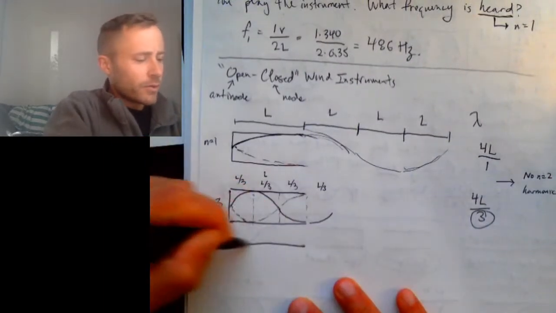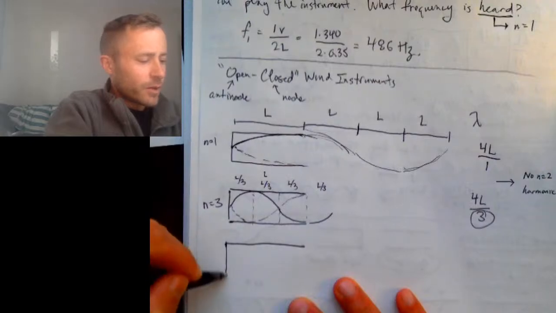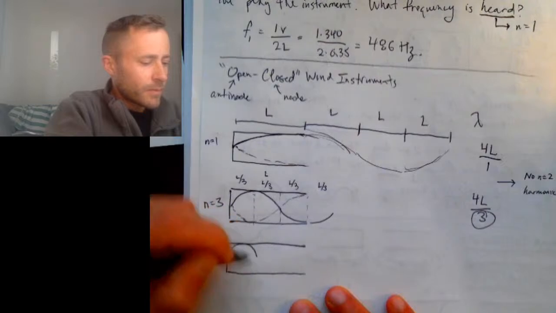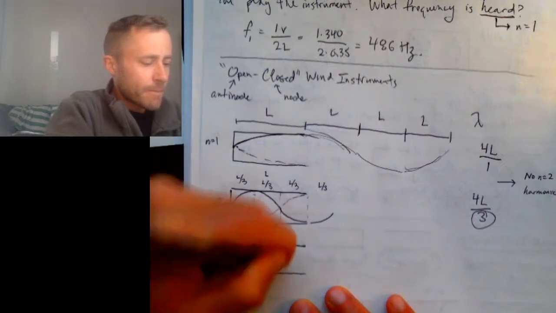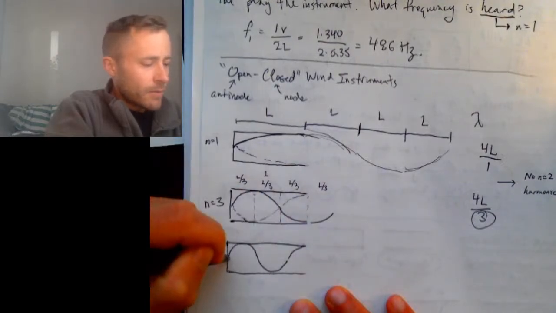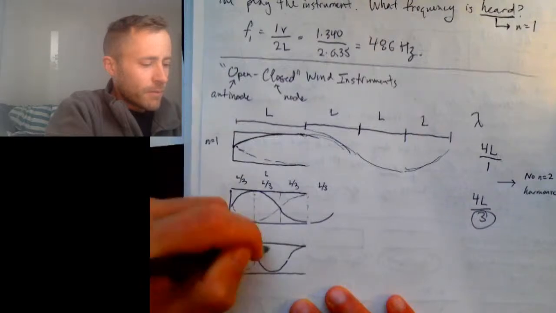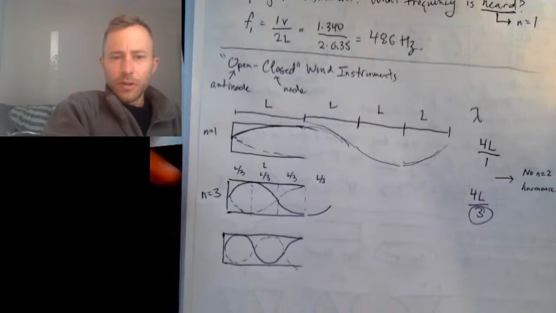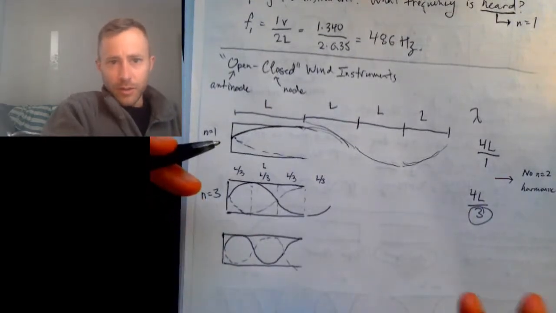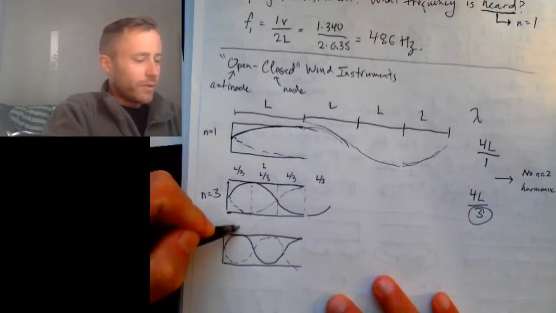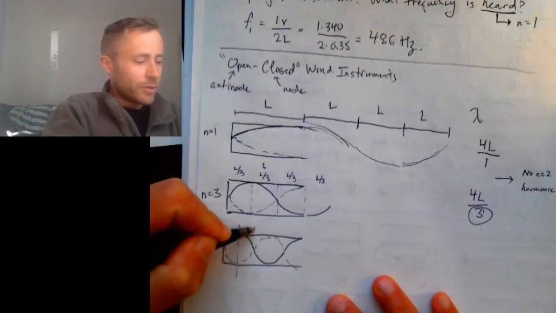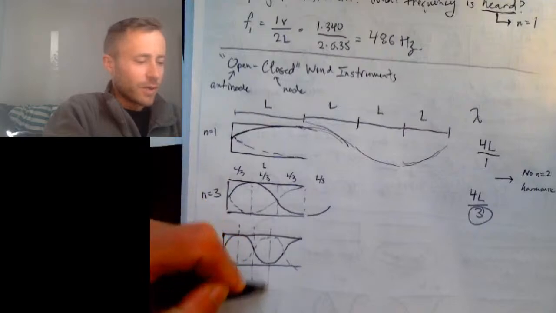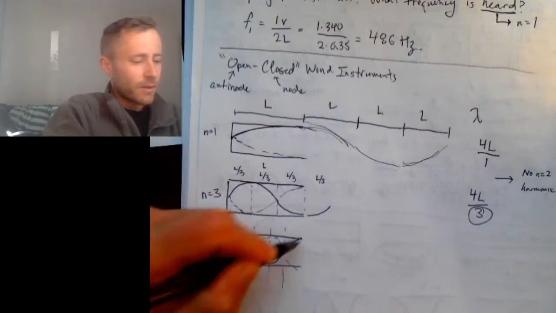So now we go to the next harmonic, so I add another football in. I like to think about this as dividing the instrument up into segments, each segment being half of a crest or half of a trough.